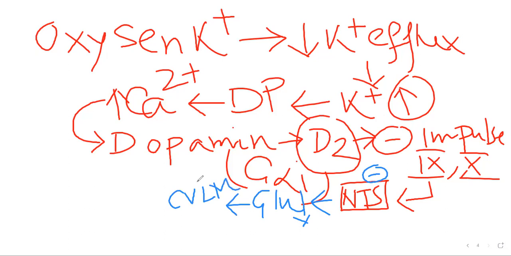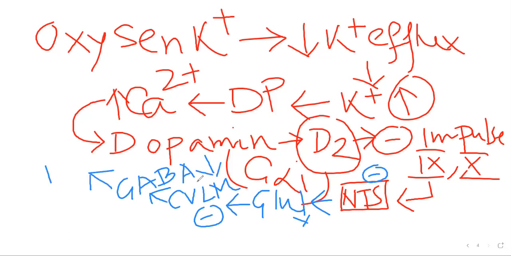So CVLM will be inhibited. Now, if CVLM is inhibited, there will be less release of gamma amino butyric acid. If GABA is reduced in amount, then it will not inhibit the rostral ventrolateral medullary area. So rather, it will be stimulated due to less effect of the GABA, and subsequently there will be increased release of glutamate.